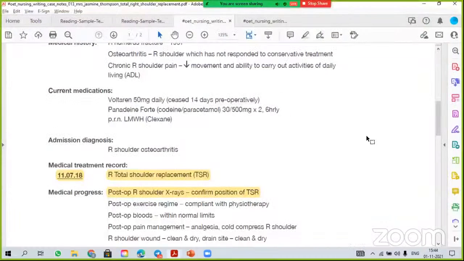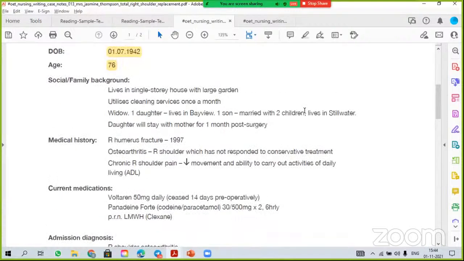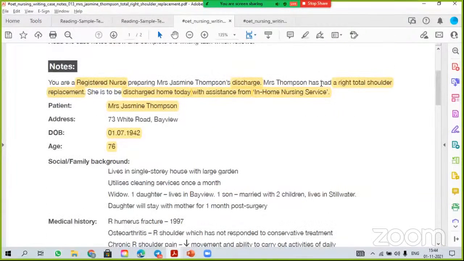Why past tense? See here, the word had is there. Mrs. Thompson has had. Here date is not mentioned, so present perfect is used. If date is not mentioned, you can use present perfect.